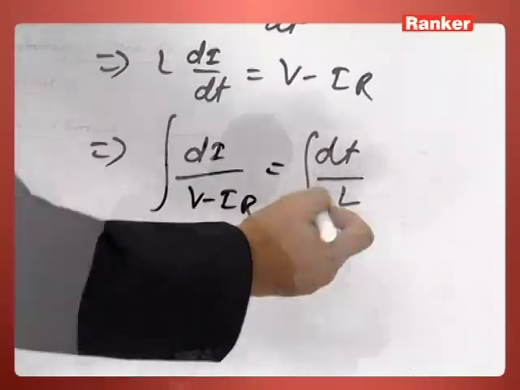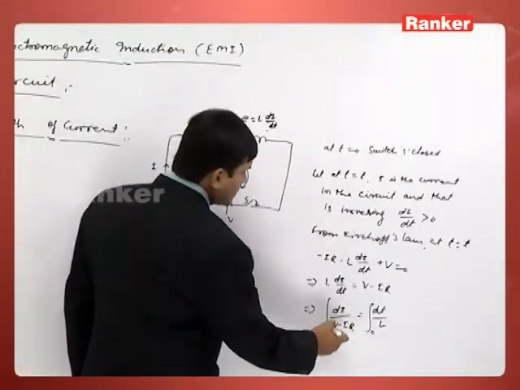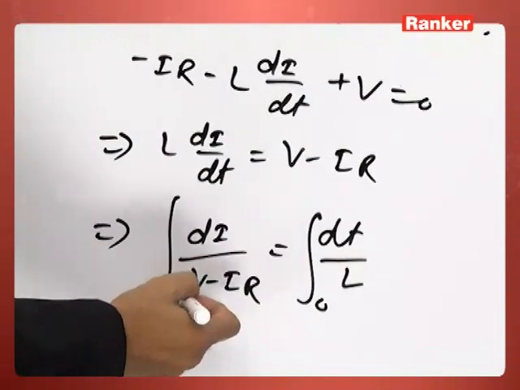Now we can simplify here. At t equal to 0, when the switch was open, the current was 0.